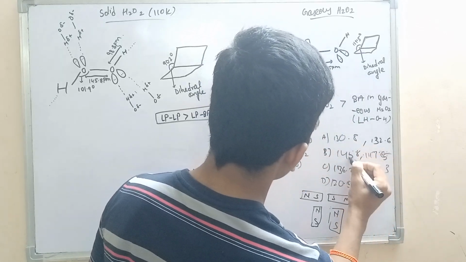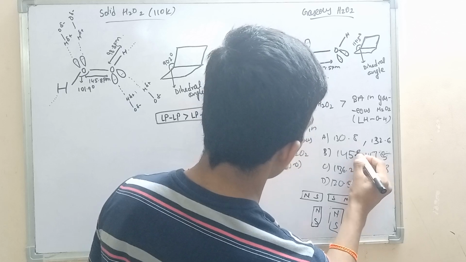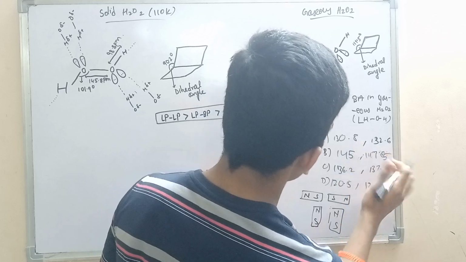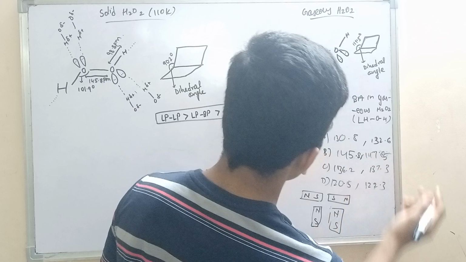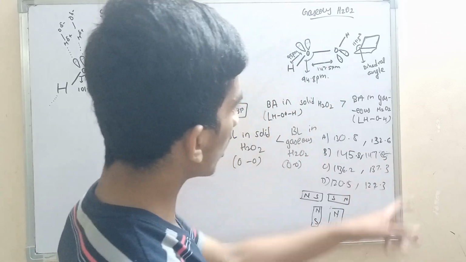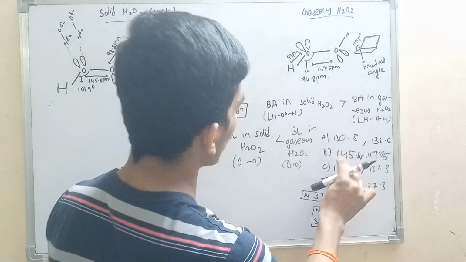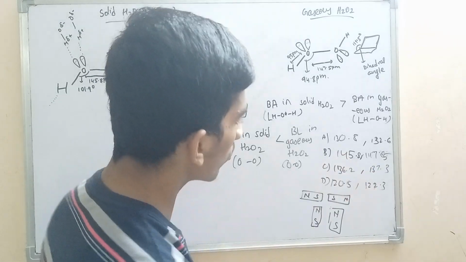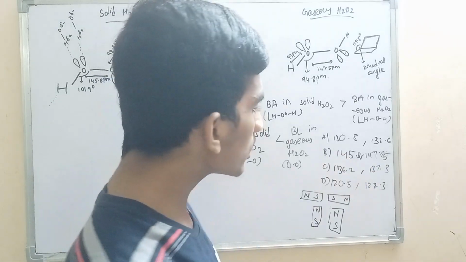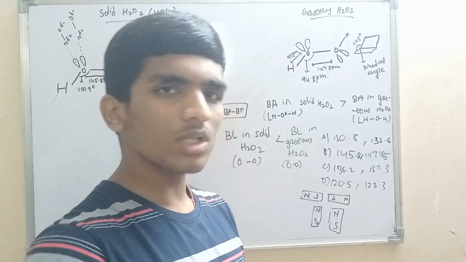This is 5. Fine. This is 8. 145.8, 147.5. Now see, all are having less than. And I know one more thing: they will be in the 140s. 145.8, 147.5.